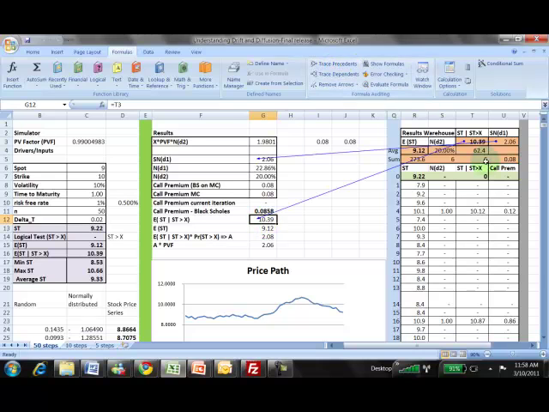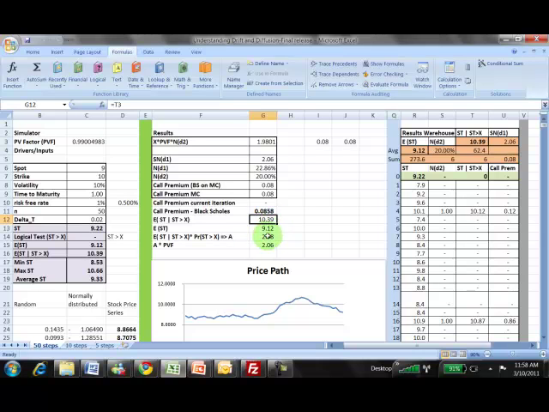This number is coming from the same cell here. Now let me remove the arrows. So what we've done is we now have the expected ST given ST is greater than X. We also have the expectation of ST. When will I receive this amount? I will receive this amount only when the option exercises. So that means I need to calculate the probability of ST greater than X. That probability is our old friend ND2 that we've already calculated.